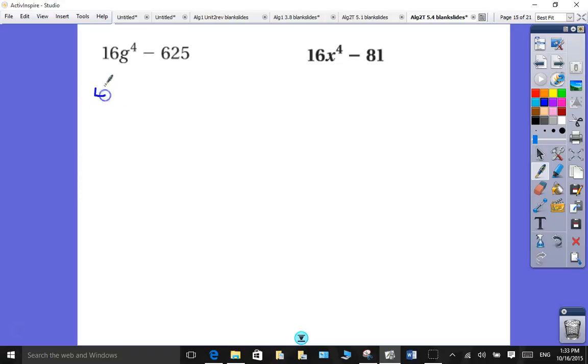This is 4g squared in parentheses squared minus what number squared equals 625? 25. Okay, so now I've written it like it is a difference of squares, so it should factor exactly like a difference of squares, right? How would that factor?